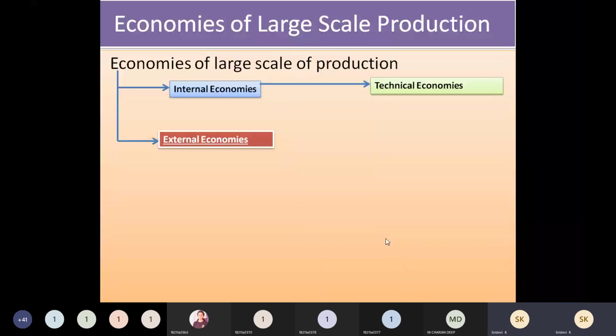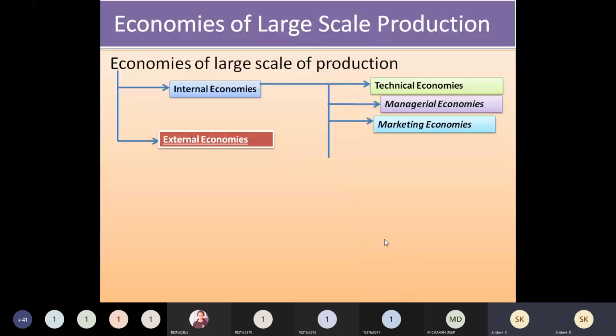Internal economies we can divide into different types again. One is technical economies, and managerial economies. Managerial means management related economies.